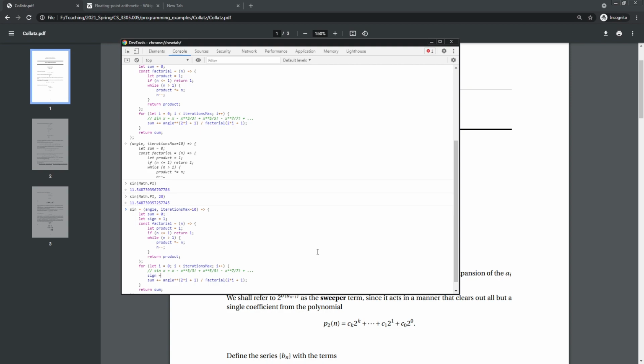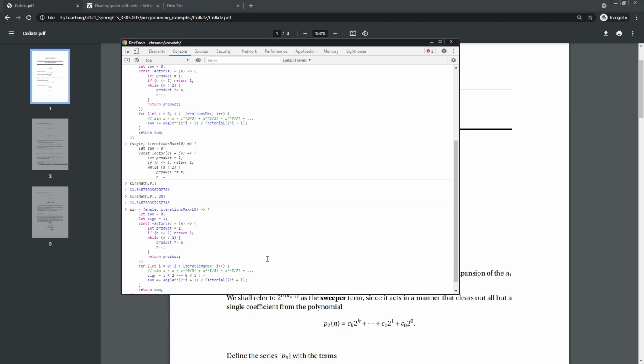So sign is positive whenever I is 0, 2, 4, whatever, and it's negative whenever I is 1, 3, 5. So all of the even terms, if I mod 2 is equal to 0, then it's positive.